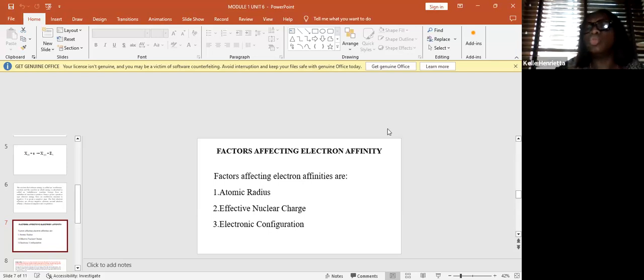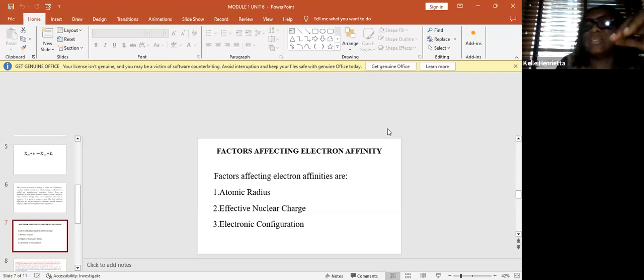And that has to do with atomic radius too, because as the atomic radius of the atom is small, it means the nuclear charge gets more to the valence shell. There isn't much distance, no inner electron screening.